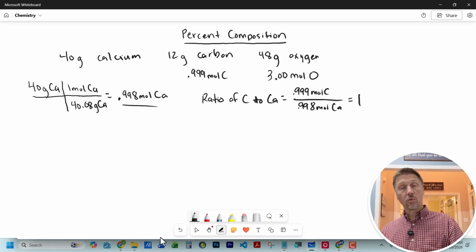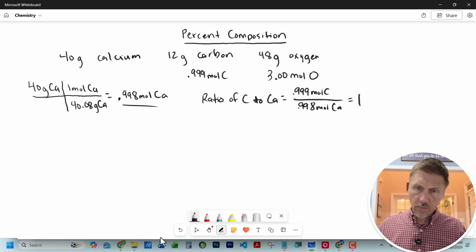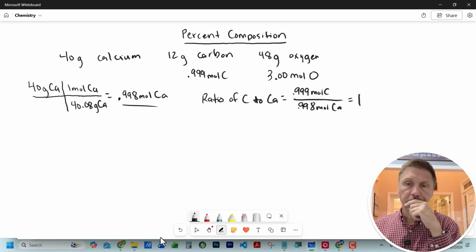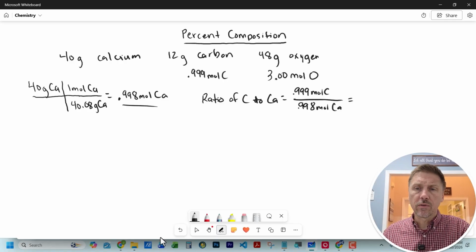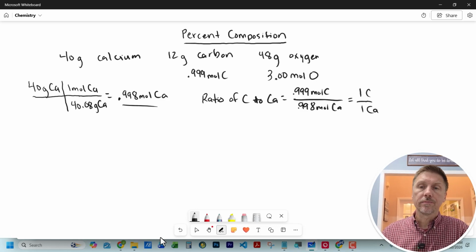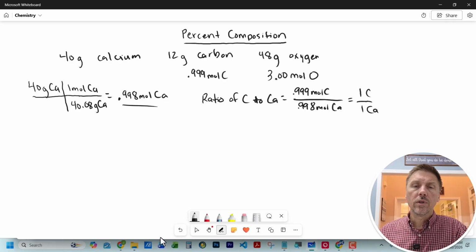In other words, there's a 1-to-1 relationship between carbon and calcium. Again, we can write this with 1 on top and 1 on the bottom, right?